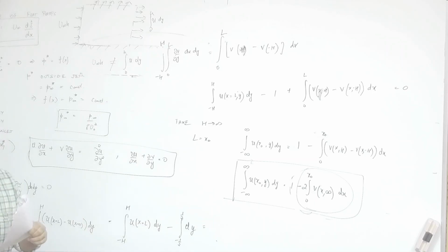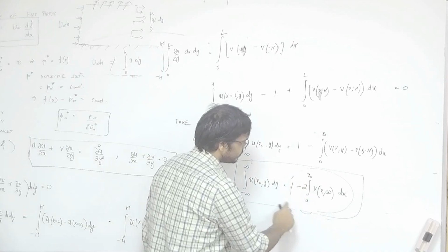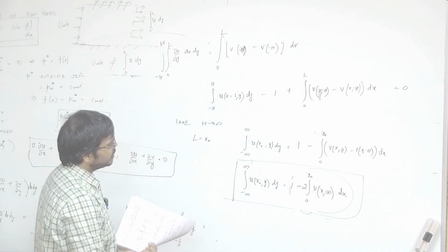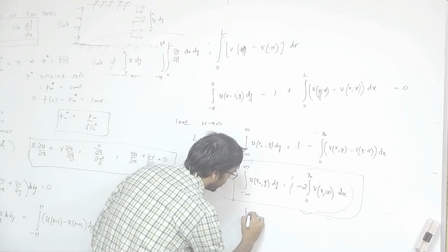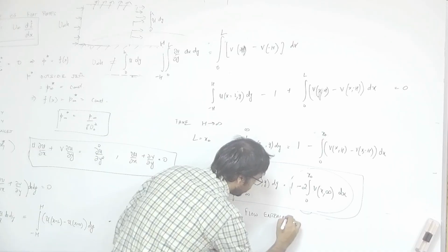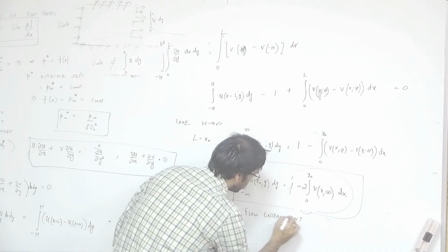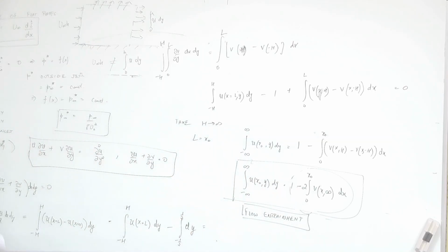So let us talk about its sign. Is this integration going to be positive or negative? I will leave it here and you can think about it. There is a concept of flow entrainment that you can look at, based on which you can guess what the sign is going to be. The concept goes something like this.